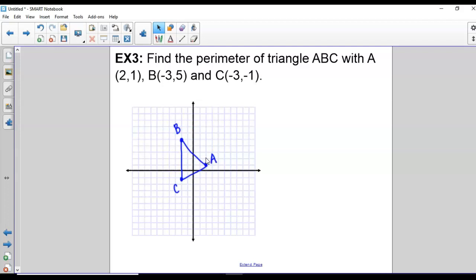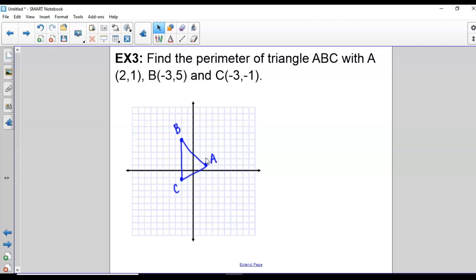Let's see. Cole, remind me what a perimeter is. Well, no, it's not. Okay, length plus width would be correct for a rectangle. You're thinking area.